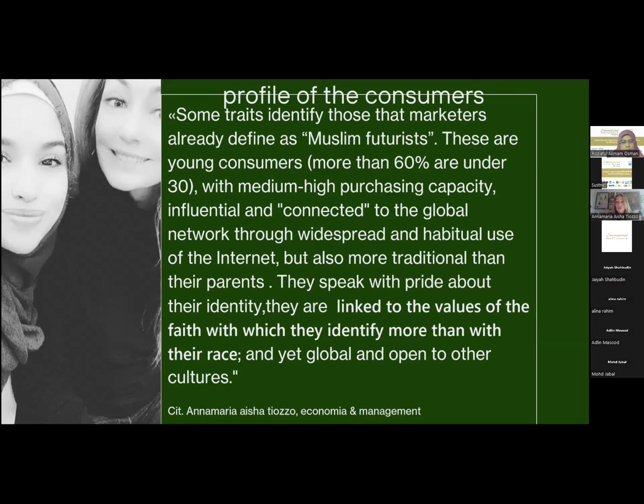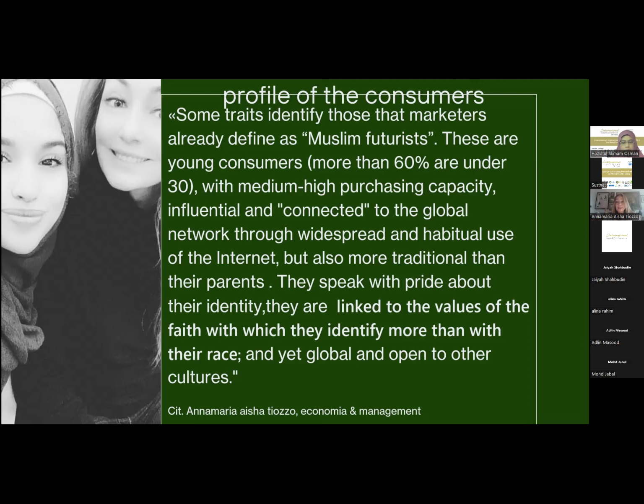With medium-high purchasing capacity, influential and connected to the global network, with huge and habitual use of internet. I know that in the next presentation we will talk about internet and apps and how technologies can help the development of the halal industry.